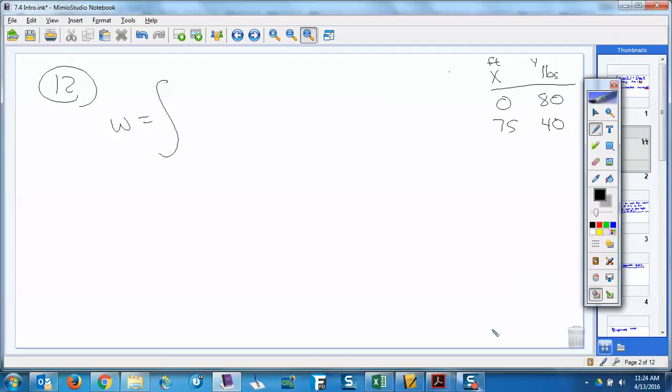Now, the other way we said is if you think of where we're lifting, which this is 75. If we've lifted it to here, that's our x. So this would be 75 minus x, right? It's 75 feet. I think it's feet. Well, to do it that way, we needed to know how many pounds per foot of water, right?